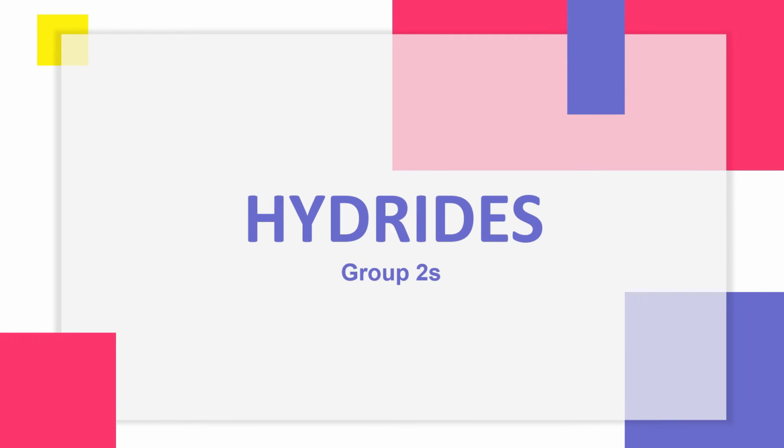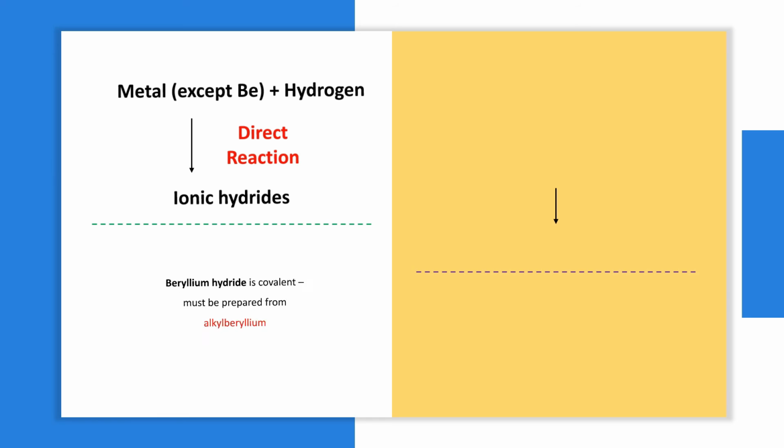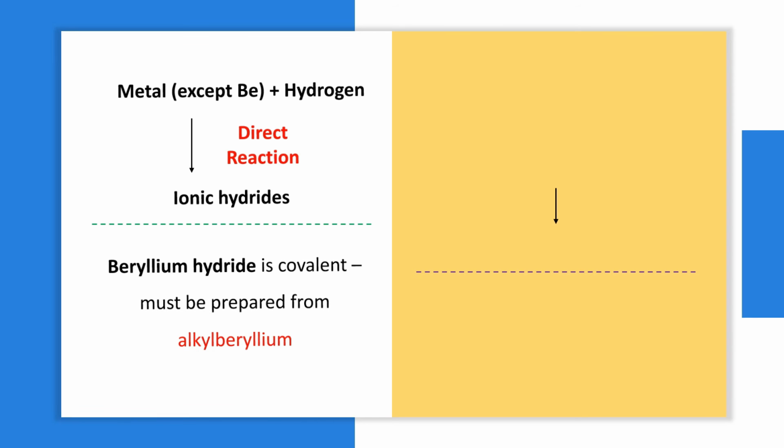Hydrides. Metals except for beryllium react with hydrogen to form ionic hydrides by the direct reaction method. Since beryllium hydride is covalent, it must be prepared from alkyl beryllium.